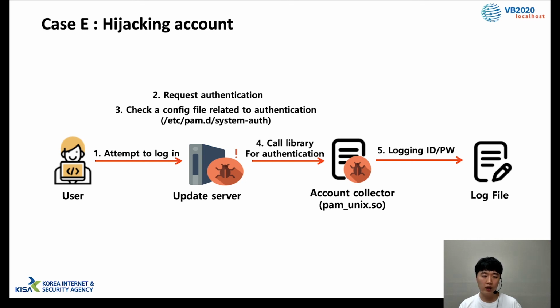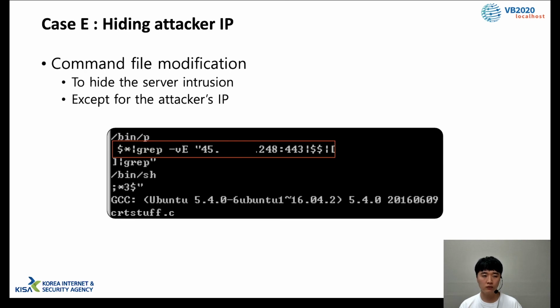The tampered file operates when some users connect to the update server using login, SSH, or sudo su. As a result, the ID and password were recorded, and the attacker was able to collect these accounts. The attacker modified the command file in the same way as case D.